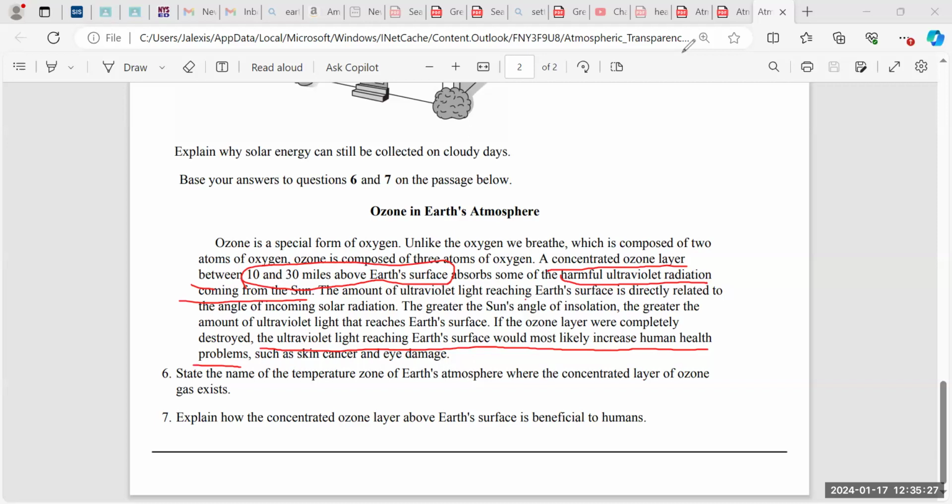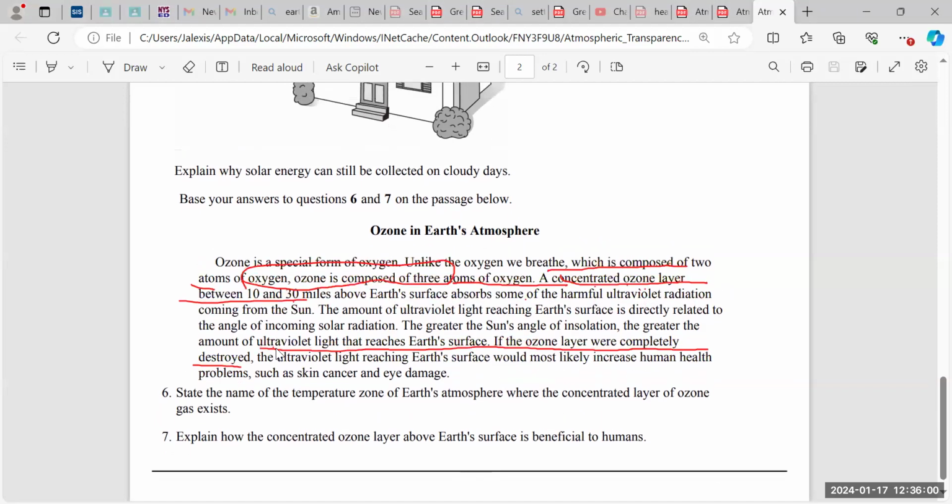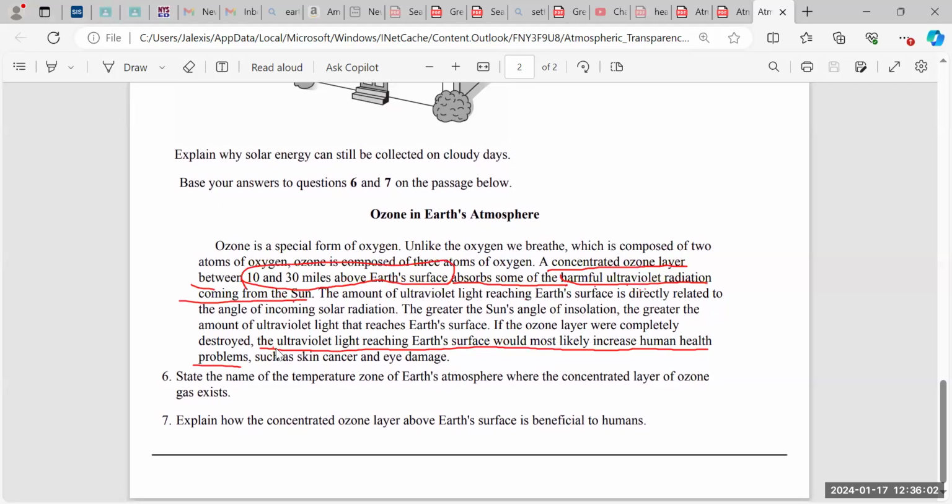So automatically, we'll start at number 6 first, but even with number 7, I want to do number 7 actually first. It says explain how the concentrated ozone layer above Earth's surface is beneficial to humans. They tell you right here that the concentrated ozone layer, which I underlined, absorbs some of the harmful ultraviolet radiation coming from the sun. And it tells us right now that if that ultraviolet light reaches the Earth's surface, it would most likely increase human health problems.